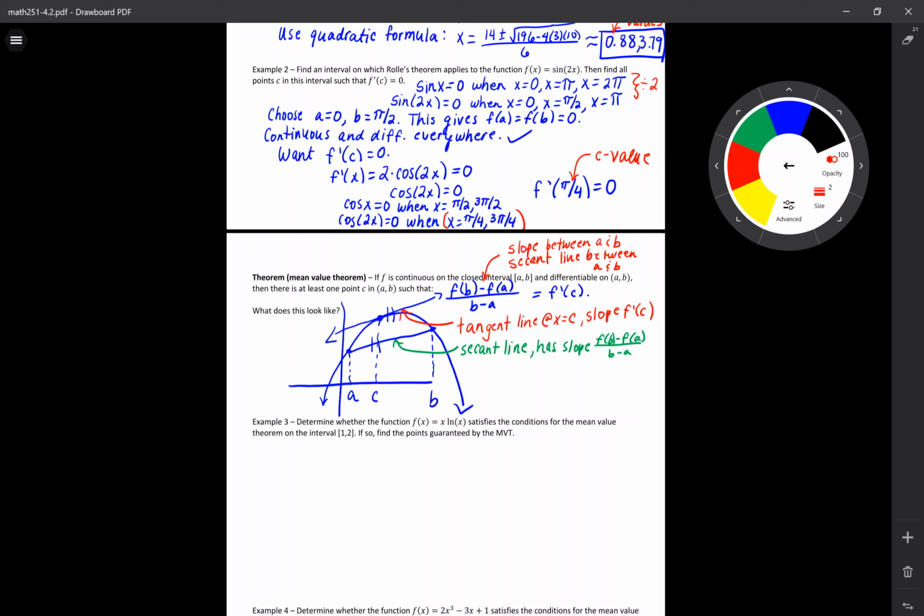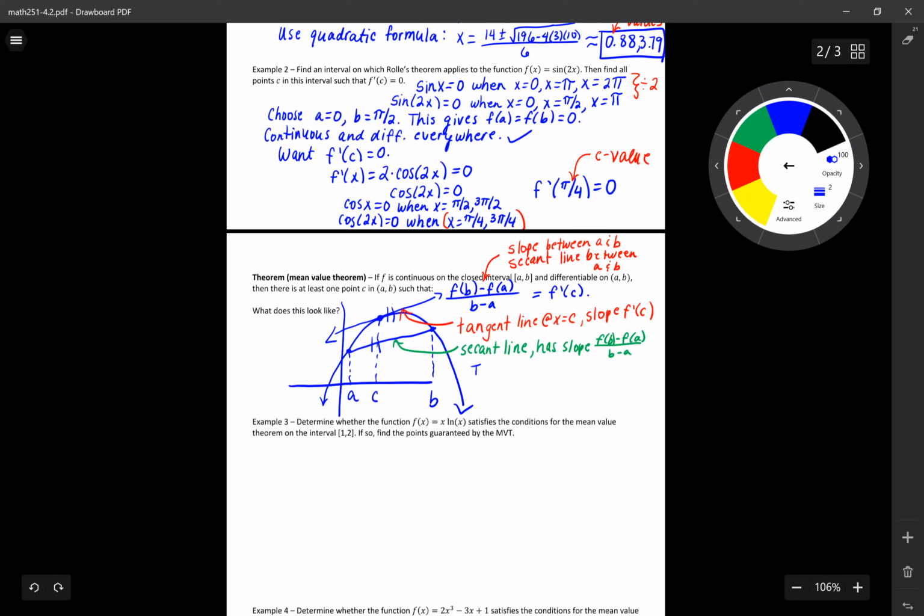So our mean value theorem guarantees that there is a point c here such that the slope of the tangent line at that point is the same as the slope of the secant line between a and b. So let's write that down.